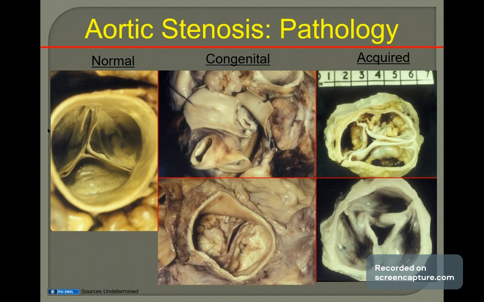That is, the left coronary artery arises from the left sinus of Valsalva, and the right coronary artery arises from the right aortic sinus or sinus of Valsalva.